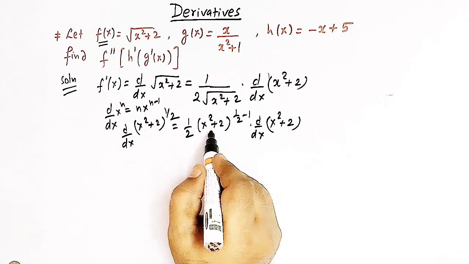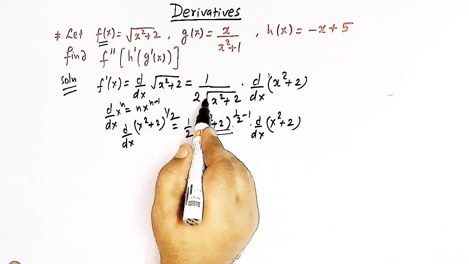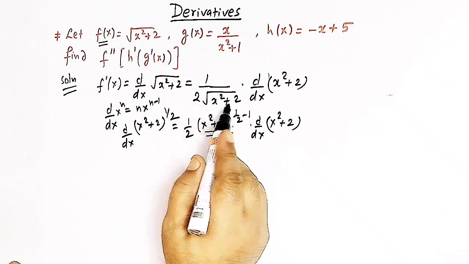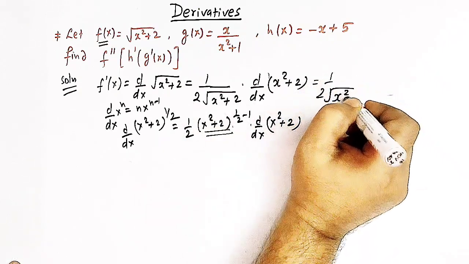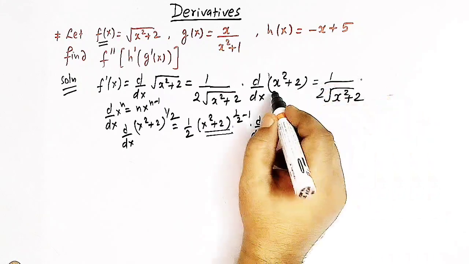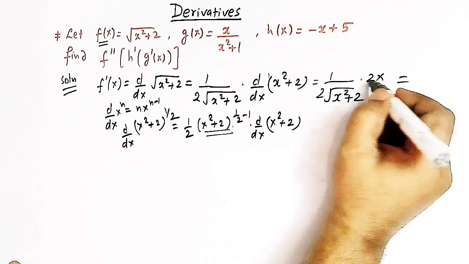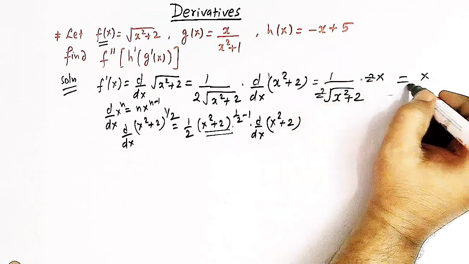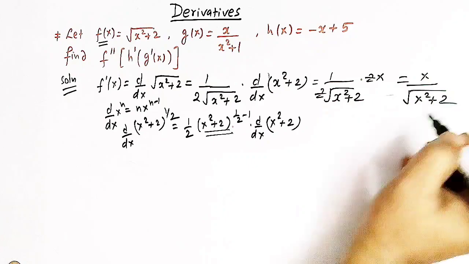When we simplify this expression, we get 1 over 2 times square root of x square plus 2. So we have half, this is x square plus 2, and the derivative of x square plus 2 is 2x. 2 and 2 get cancelled, so we are left with x over square root of x square plus 2.